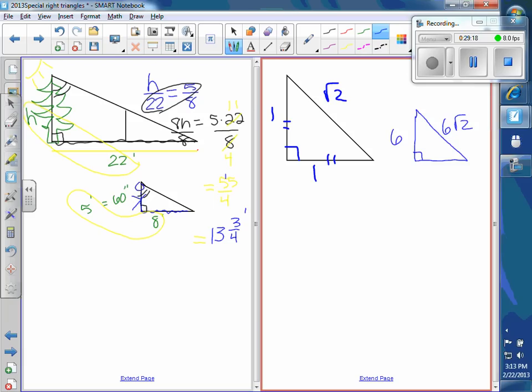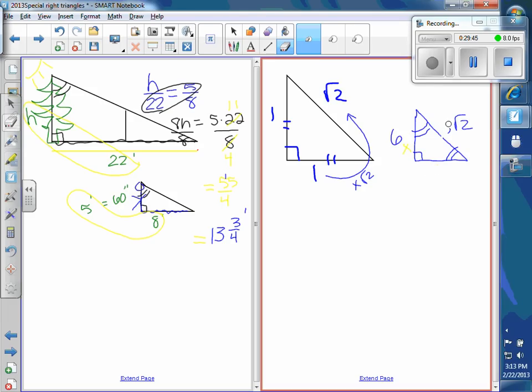Does everybody see that? As long as it's marked as a 45, 45, 90, because to get from here to here, you're multiplying by the square root of 2. But if you don't see that, you could just treat it as a variable. It's half of a square, right? So I put my x in the wrong place.